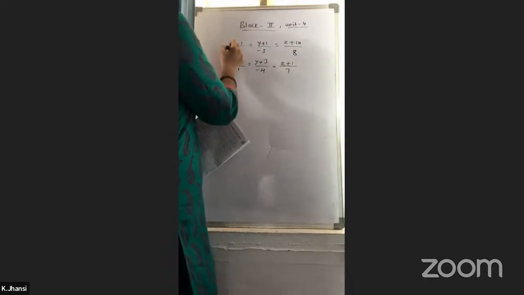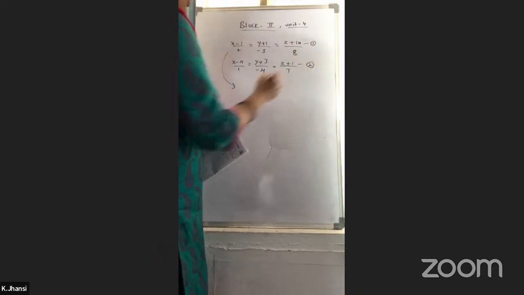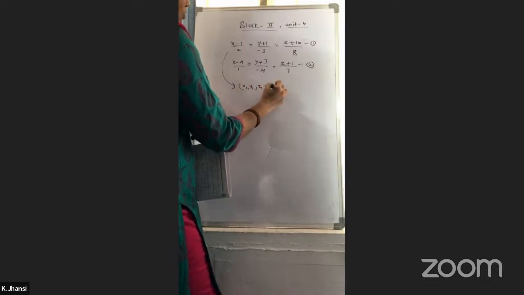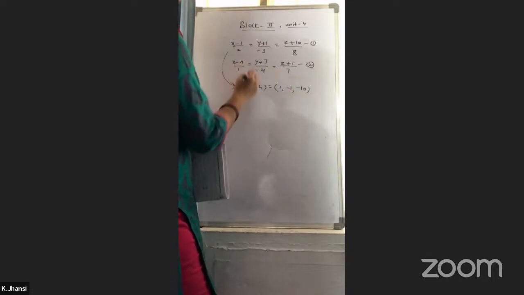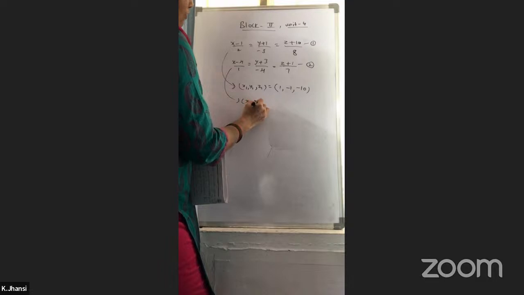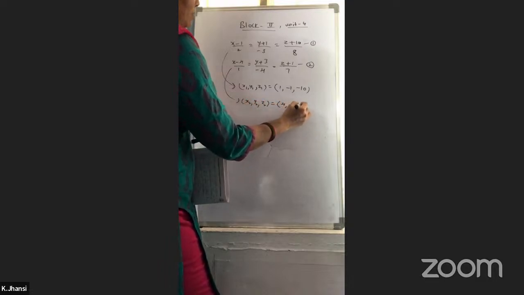For line 1 the x1, y1, z1 values are 1, minus 1 and minus 10. And for line 2 the x2, y2, z2 values are 4, minus 3 and minus 1.